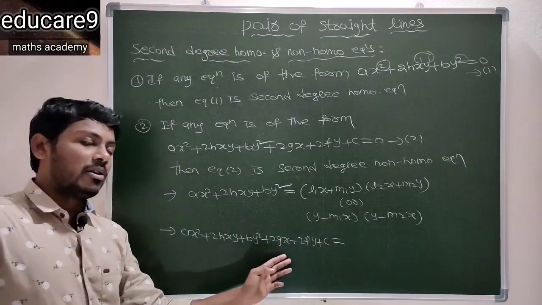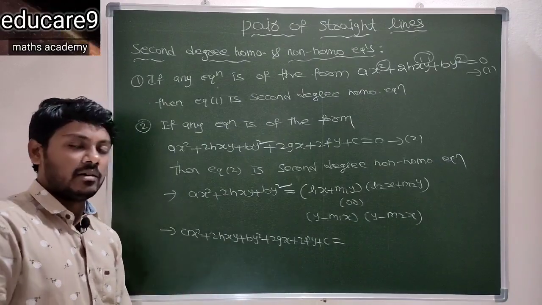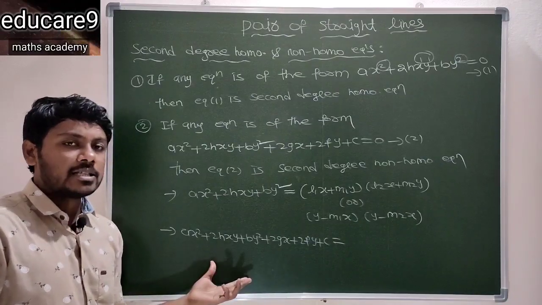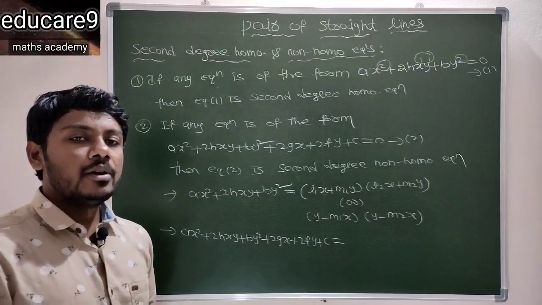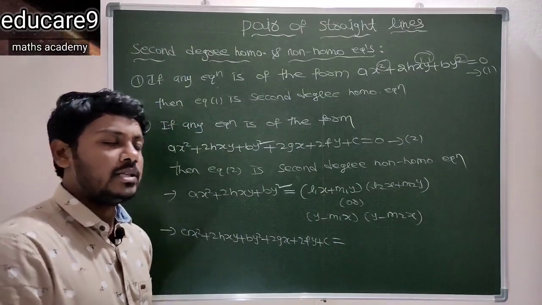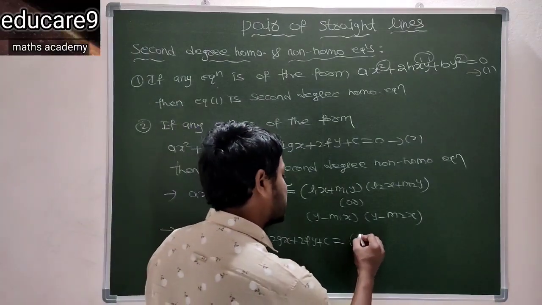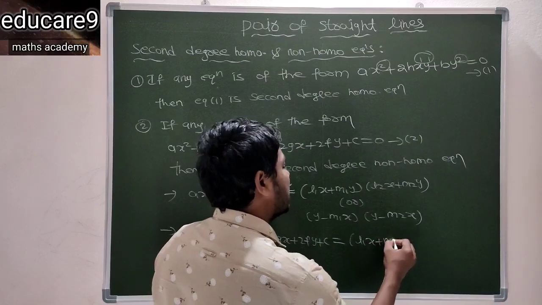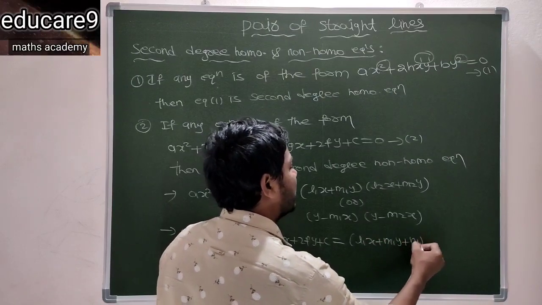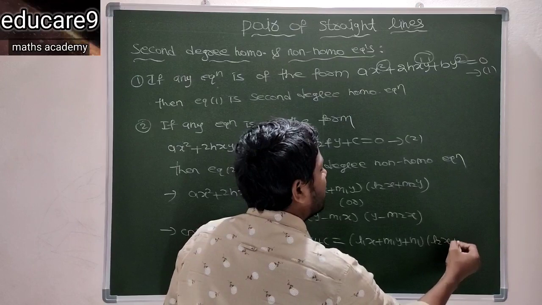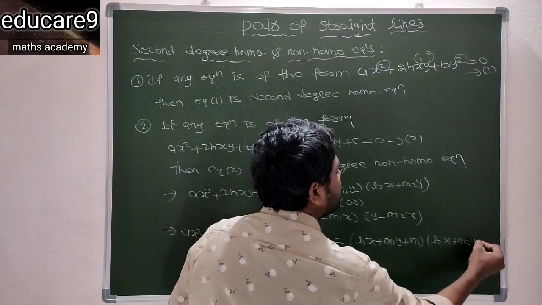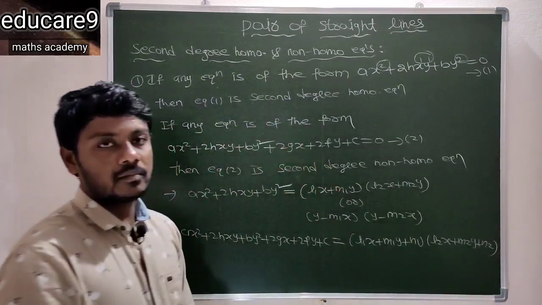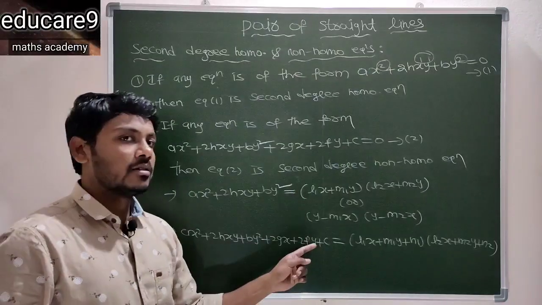So this is the non-homogeneous second degree equation. So this represents the product of two linear non-homogeneous equations. So for example, L1x plus M1y plus N1 into L2x plus M2y plus N2. Okay.